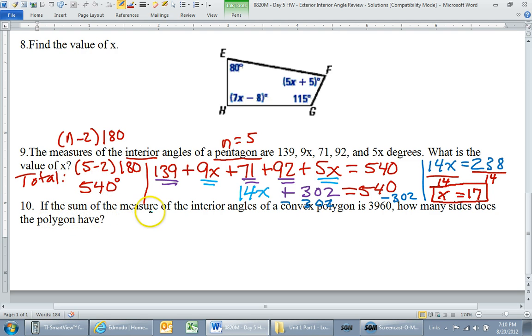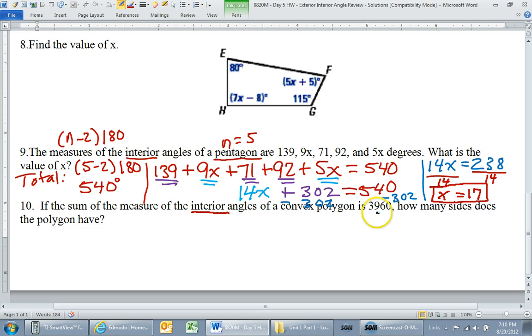Now number 10, the sum of the measures of the interior angles of a convex polygon is this. How many sides does it have? Okay, so the setup is this.